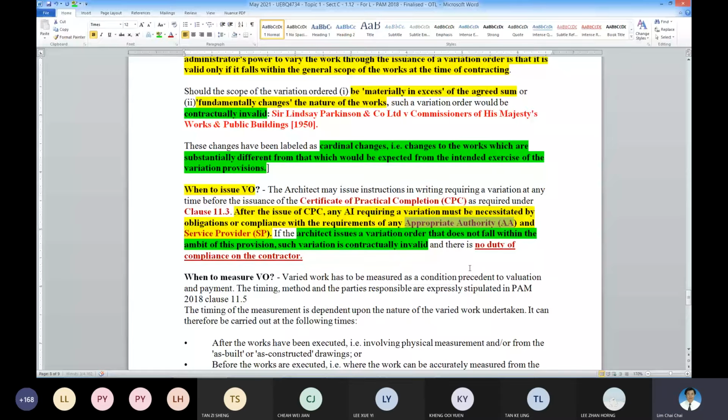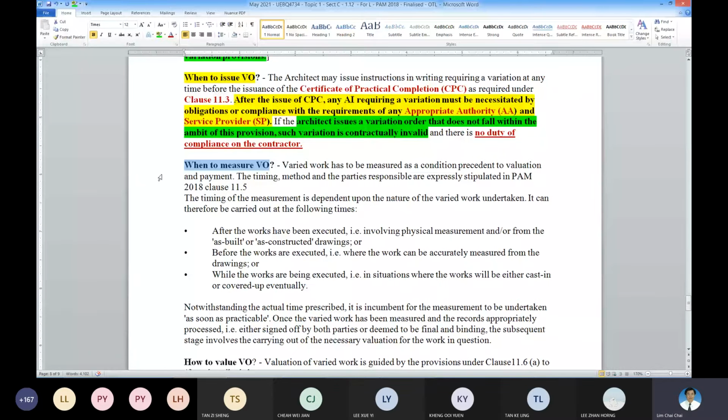So when to measure VO? Sometimes the VO is very simple, then it's usually at the end of the work. But if the VO is very massive and very varied, then the measurement can be after the work executed.